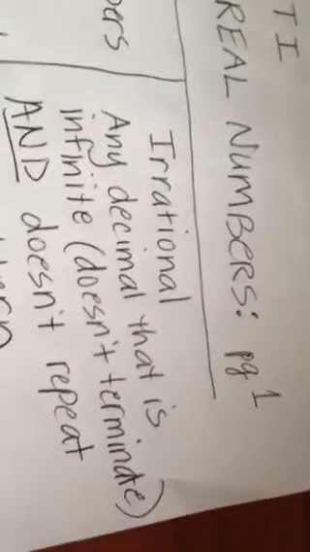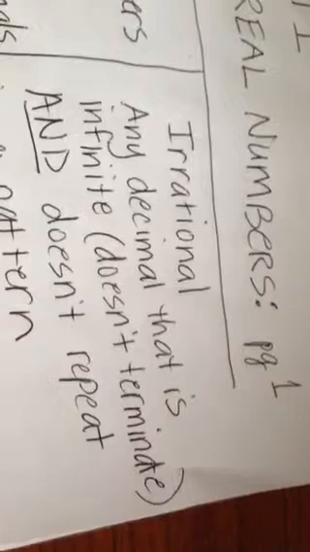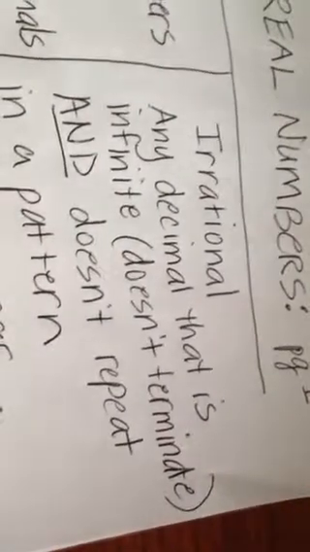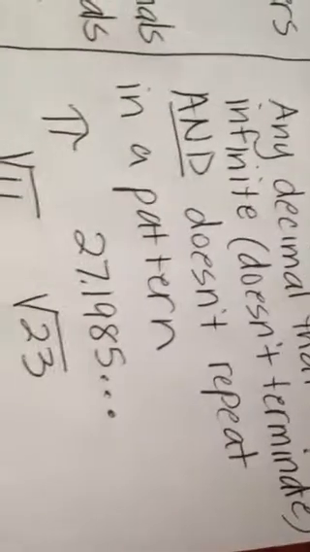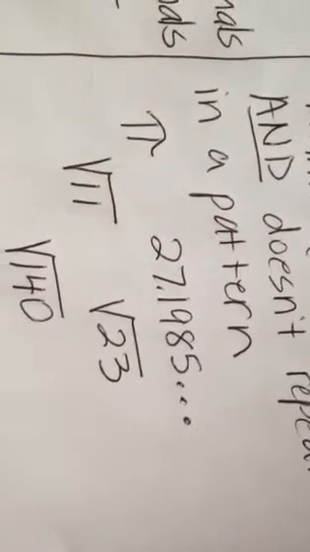On the other side are your irrational numbers. Any decimal that is infinite, which means it doesn't terminate and doesn't repeat in a pattern, would be irrational. Here's an example of some irrational numbers.